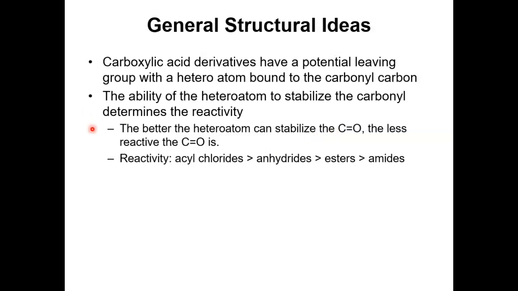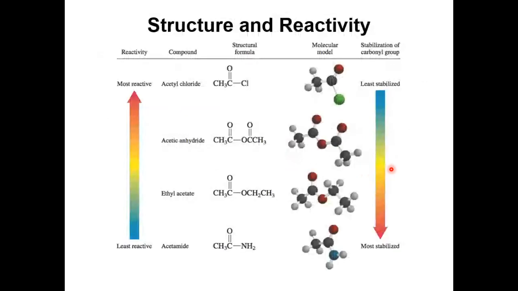If the carbonyl is more stable, then the carbonyl is less reactive. Is that very logical? Then the overall trend of reactivity is acyl chloride is most reactive, followed by anhydride, then ester, then amides. Okay. So we will see.